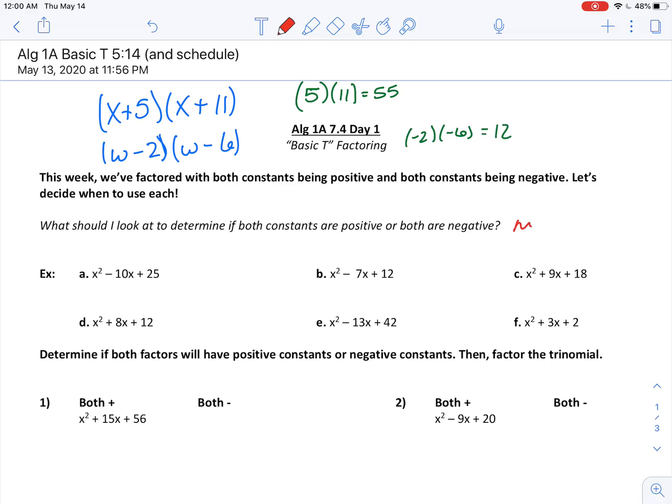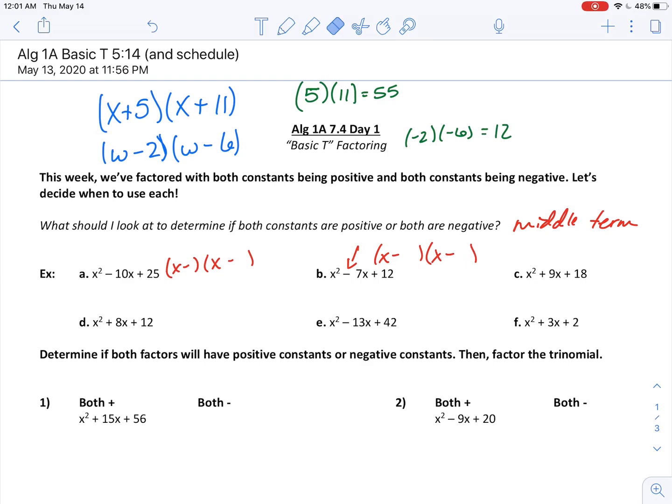Let me just make a note of that middle term. In A, I've got a negative, so I'm going to be x minus something else. In B, I've got subtraction, or a negative number in the middle, so it'll be x minus something else.